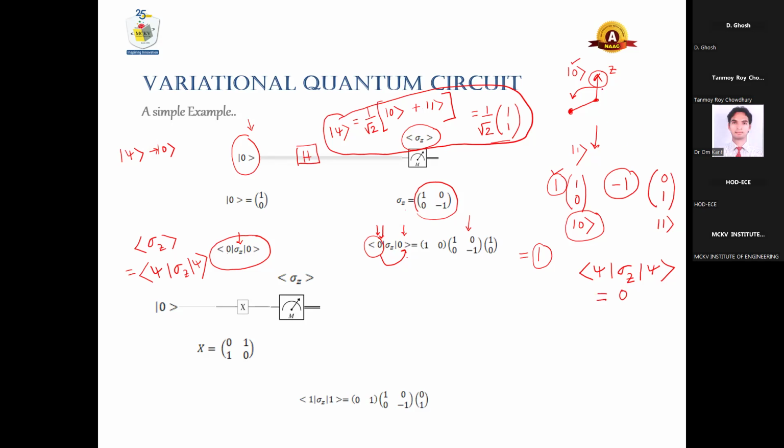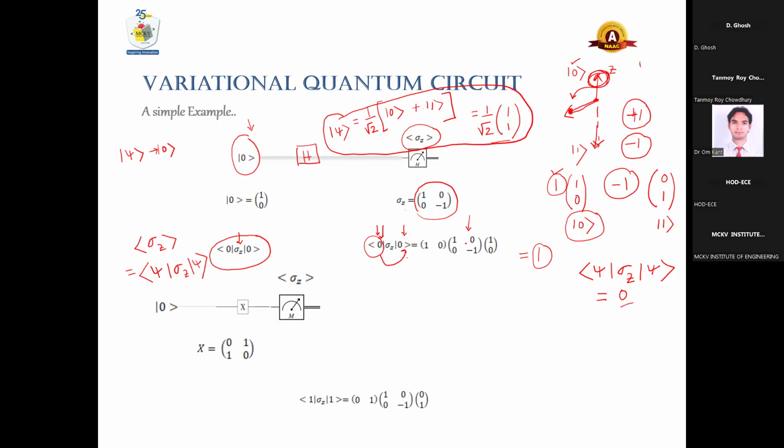Because half of the time people would say that it has eigenvalue +1, and half of the time, if it is in this state, half of them will measure it along the positive z direction and half of them will measure it along the negative z direction with an eigenvalue of -1. So half the people would say it is +1 and half would say it is -1. And so if you take the average, you will get 0.